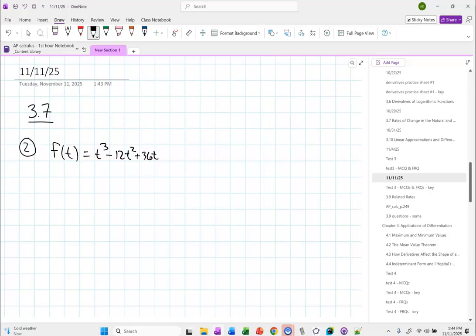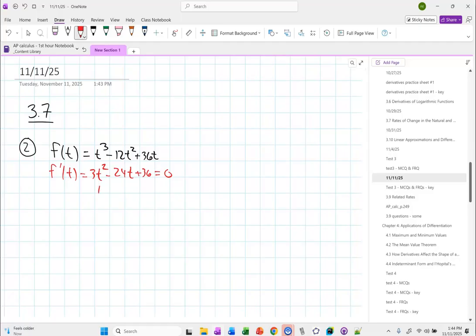Yeah, this part was fine. It was just the diagrams part that came later that was difficult. The idea here is that it's the velocity diagram they're asking for. So f prime of t is this thing, and we set this equal to 0.